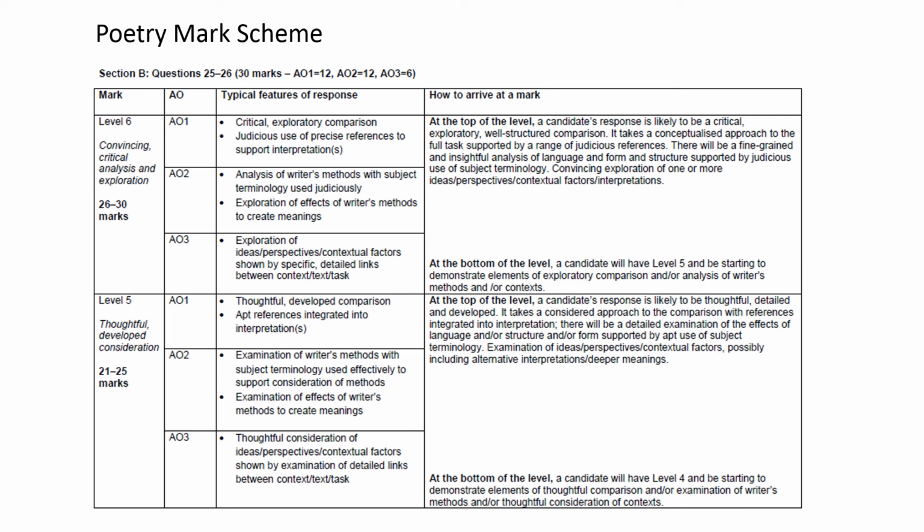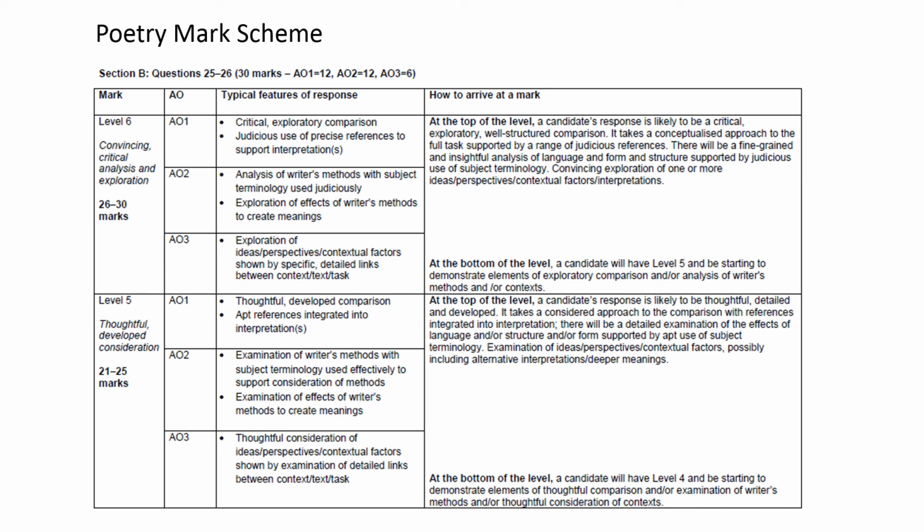That is where your PEA response is going to hone in on close analysis of words and phrases. You'll be using subject terminology and making sure that you explore the poet's intention and ideas behind the words that they're using.